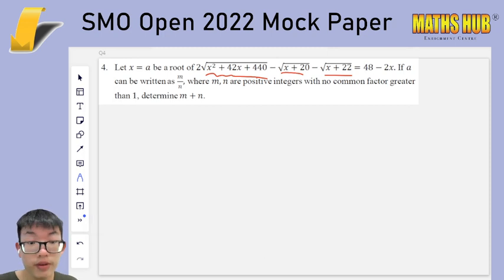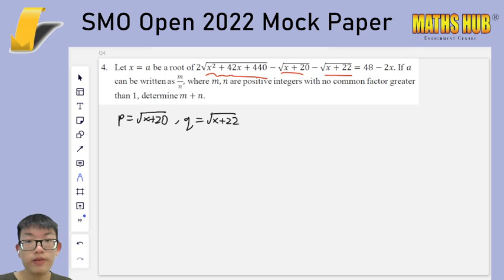But what we can do is just to do a substitution. Substitution would be to let maybe p and q be root x plus 20 and root x plus 22, so that the left side would be 2pq minus p minus q.